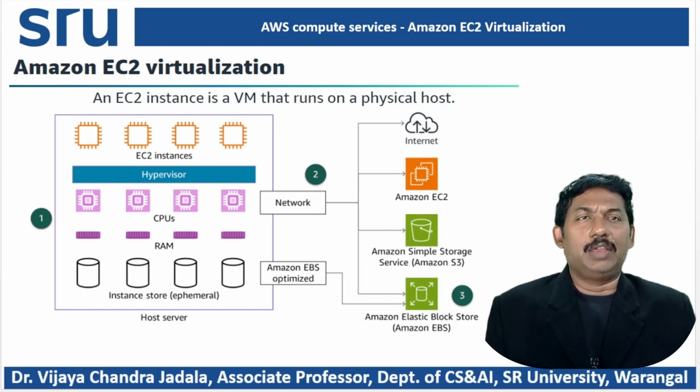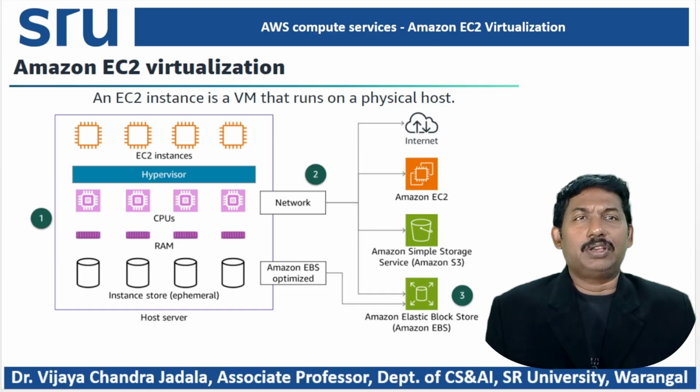Then come the EBS-optimized instances, which are instances configured for high-throughput, low-latency connections to EBS. Then comes networking, which provides the virtual network interfaces that connect your instance to other AWS services and the internet.